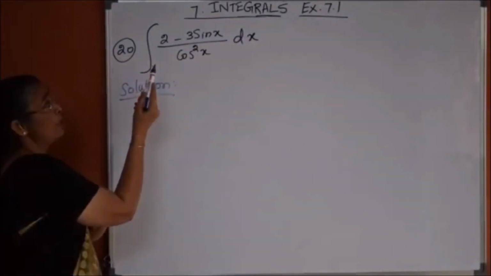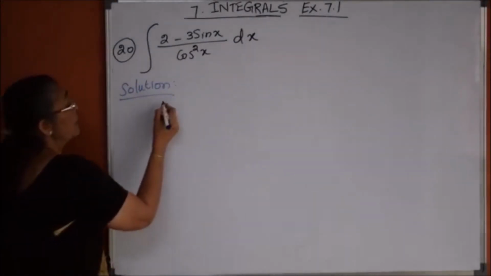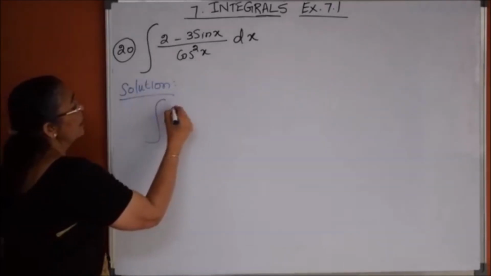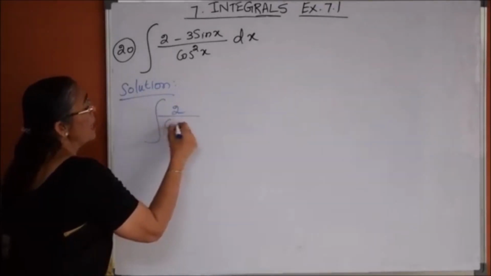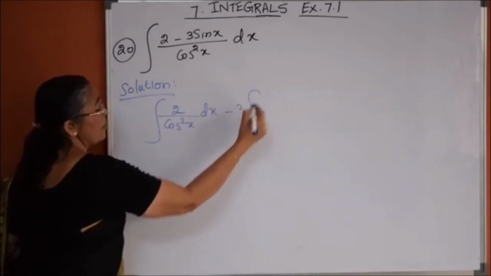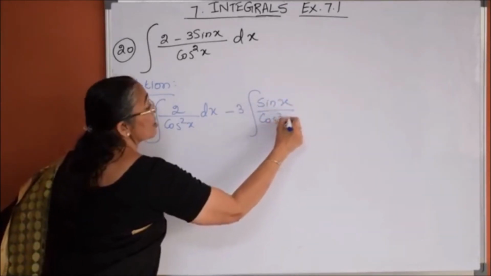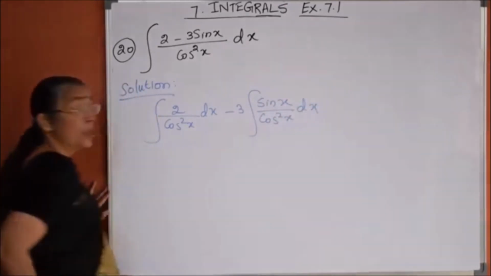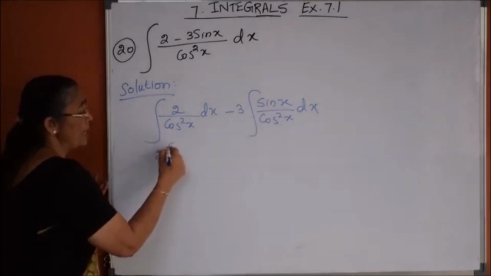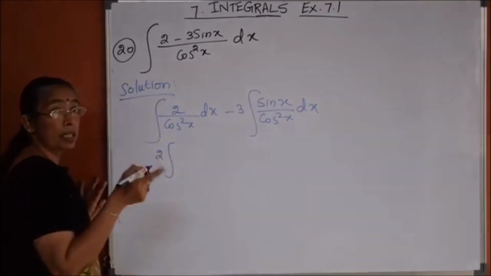Now the integration of 2 minus 3 sin x divided by cos square x dx. So let me split this one. The integration of 2 by cos square x dx minus 3 times the integration of sin x by cos square x dx. Now, 2 times the integration of 1 by cos square x. 1 by cos x is secant x.